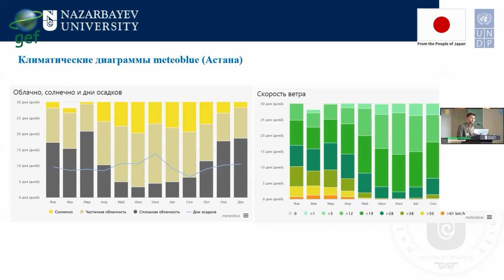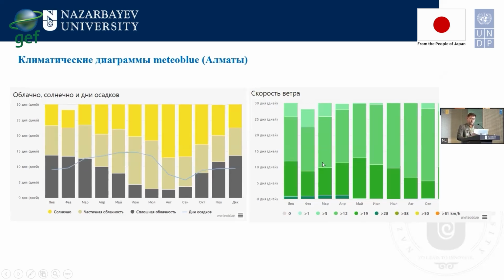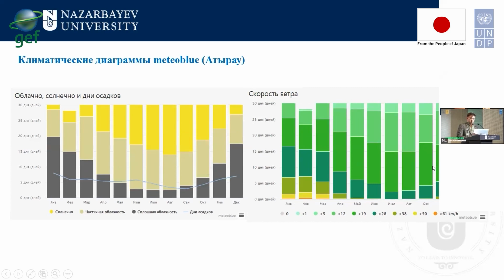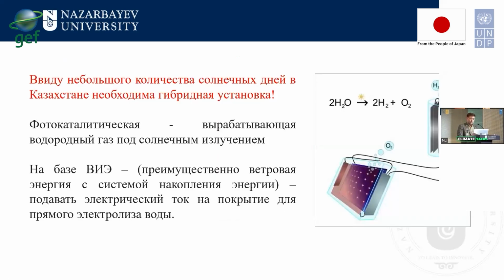Same in Atyrau. But if we look at the wind velocity, we know that there are stable velocities from 10 to 20 meters per second. It's almost every day. In all the cases, we have these velocities. Wind is always there. What does it give us? It gives us an understanding of how we can use our photocatalytic films, because they work only with solar insolation.